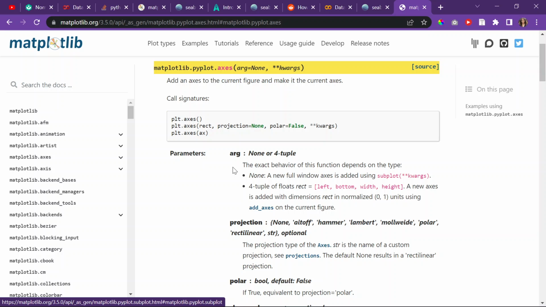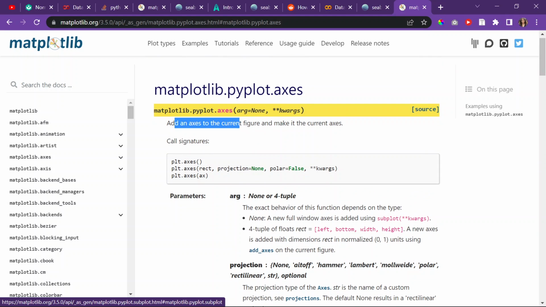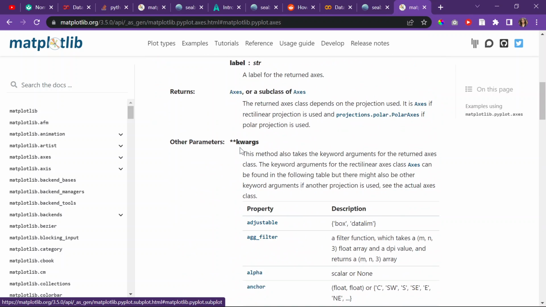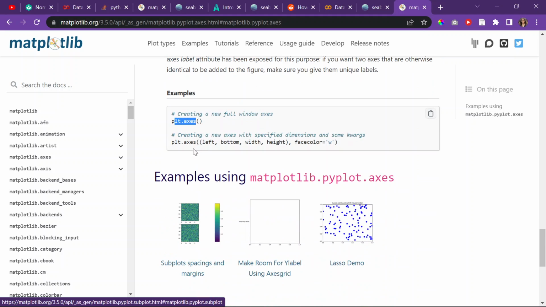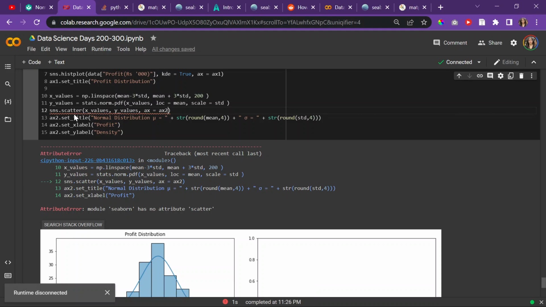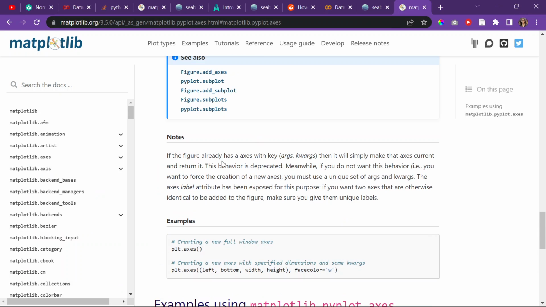plt.pyplot.axes: add an axes to the figure and make it the current axes. So how do I do this? Is no one gonna say okay, plt.axes? What? How does that even make sense? plt.axes. So I guess if I do plt... because, but no though, because, oh my god. plt.axes.